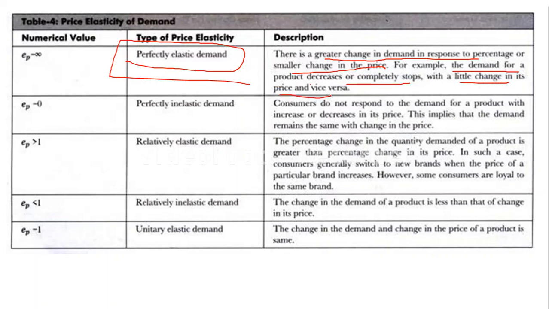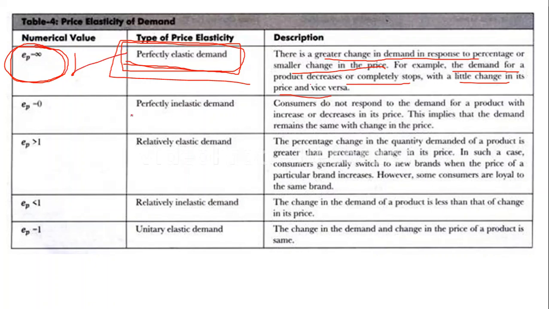So if the price of petrol increases by a very small quantity, but the demand for petrol decreases by a very large quantity, that is known as perfectly elastic demand. So just remember, in this case the change in price is very small, but the change in demand is very high. In this case the elasticity of demand is equal to infinity. So these values you must remember.